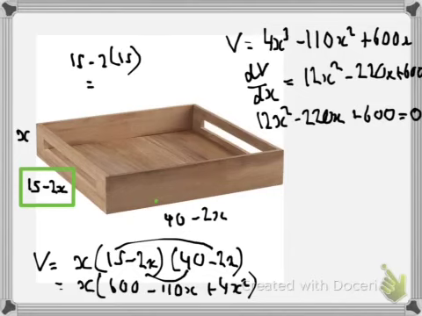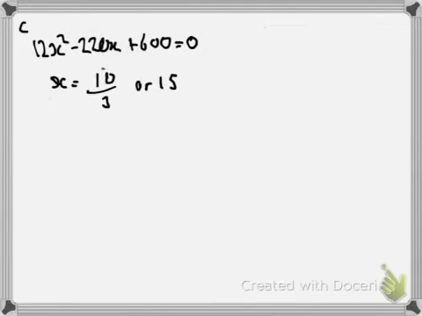That's going to give us negative 15. So 15 is not a viable answer because it will give us a negative value for width. So we can eliminate 15. Therefore 10 on 3 is our viable solution.